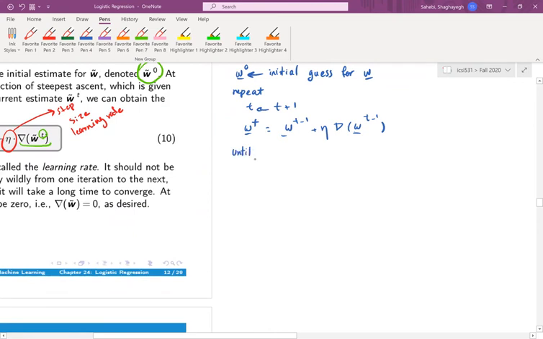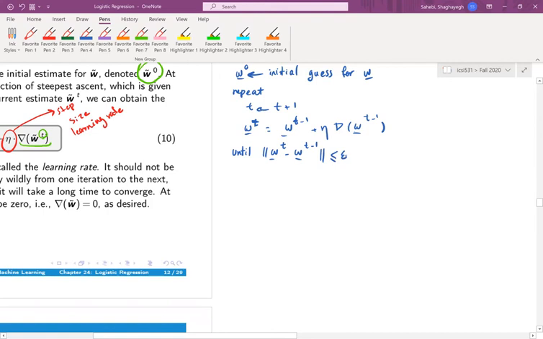For example, one of the common ones is that until we see that really WT doesn't change much when we update it. Basically, when the gradient gets too small, that we don't see a big change in WT. So we can say the norm of WT minus WT minus 1, the change that we are seeing, is less than or equal to some small value epsilon.